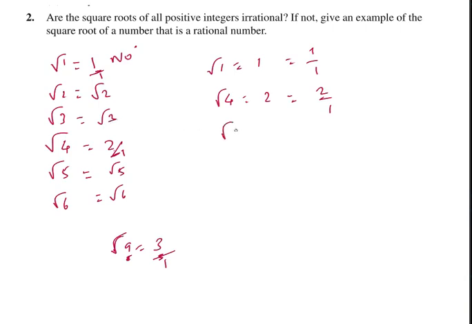If we take root 9, it becomes 3, which is 3 by 1, p by q form, so it is a rational number. These are examples of numbers which are not irrational. They are rational numbers. So if we take the square roots of positive integers, not all of them become irrational numbers, as has been proved.